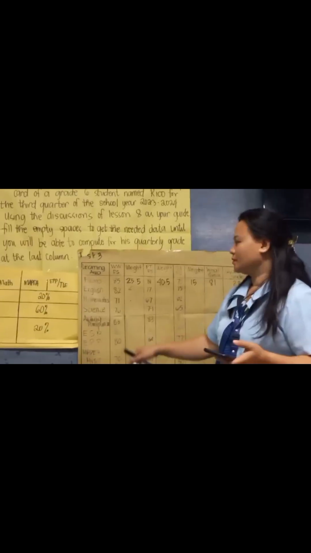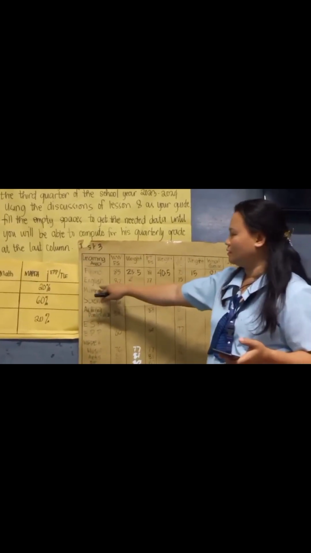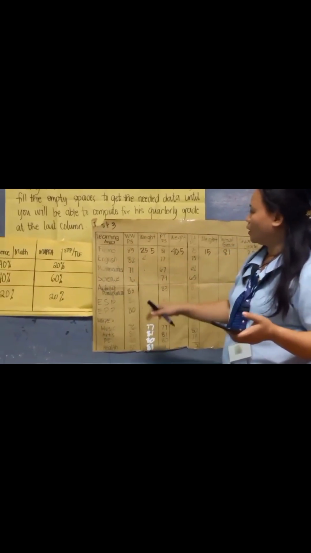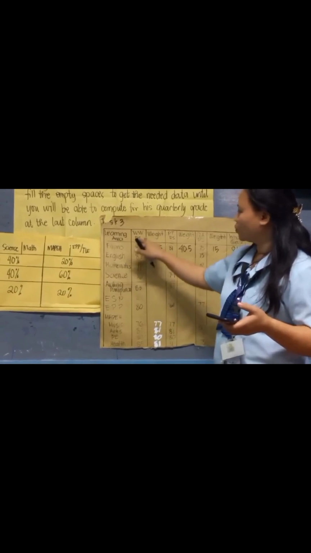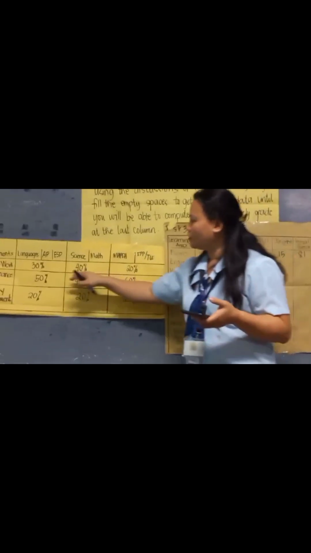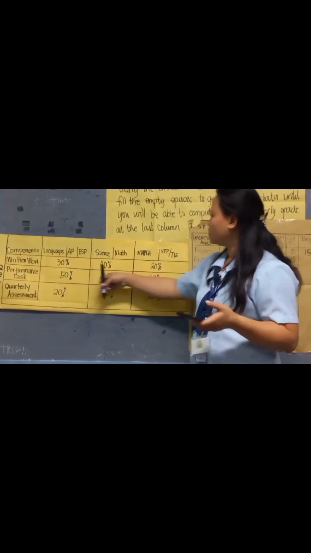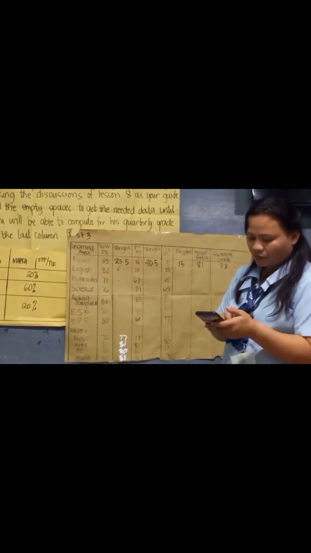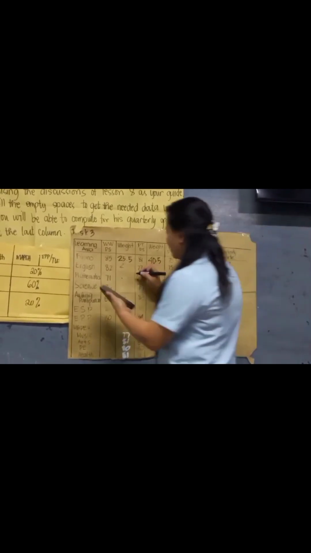Now next we have the English subject, where he has a written work value of 82. This is part of the languages as well, so we're going to multiply that by 30%. So 82 times 30% is equal to 24.6.